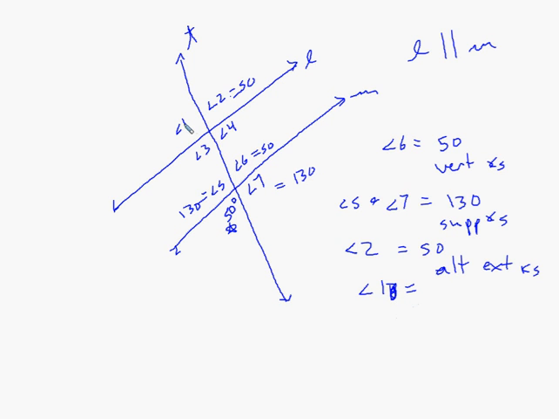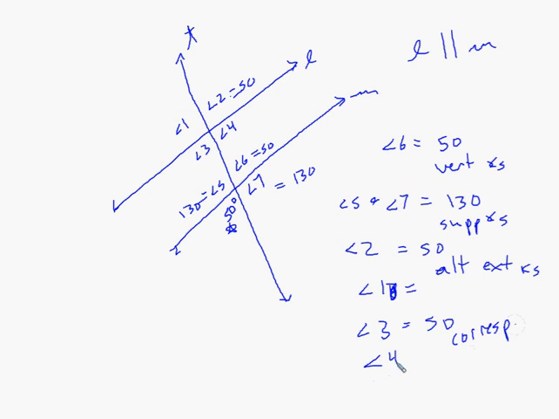Before we get there, let's get angle 3. Angle 3 would be 50. Reason: alternate interior, alternate interior to 6. Or corresponding.